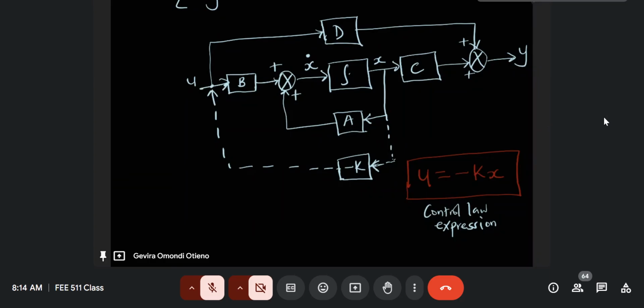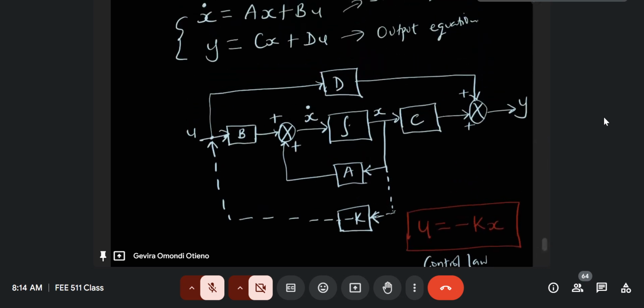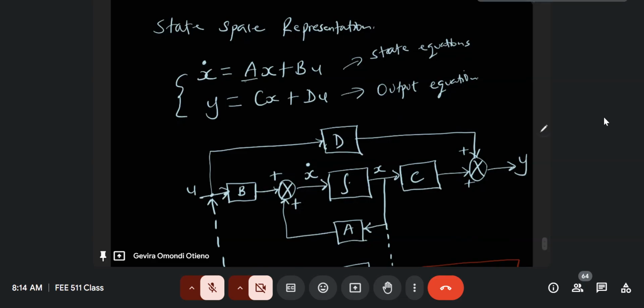We'll do an example. Now, please note that the uppercase letters here are matrices. We defined them in our previous classes. But what I want you to remember is the matrix A, the state matrix, because it is the one that helps us to obtain the characteristic equation of the transfer function.